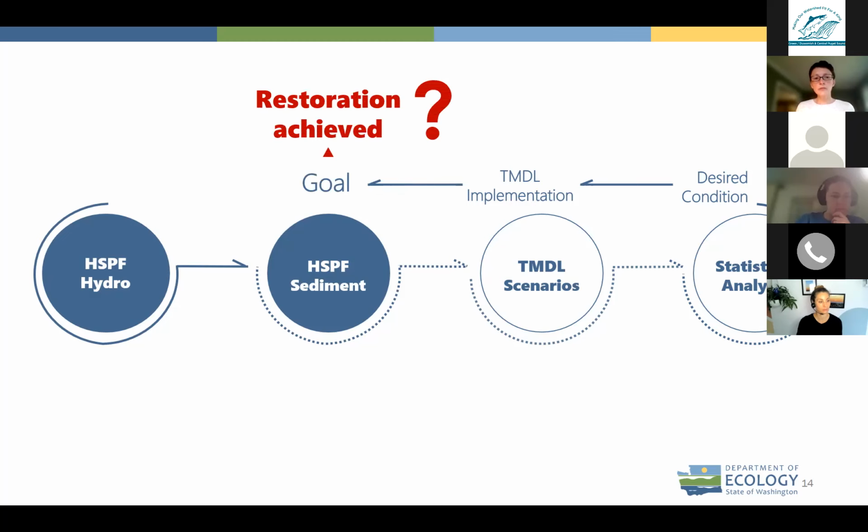But I do not want to oversimplify this process because I know that it will take a tremendous amount of work and resources, but I do want us to keep in mind the ultimate goal. I added a question mark here because we also have to remember that the stressor ID pointed not only to sediment and stormwater, but to habitat too.